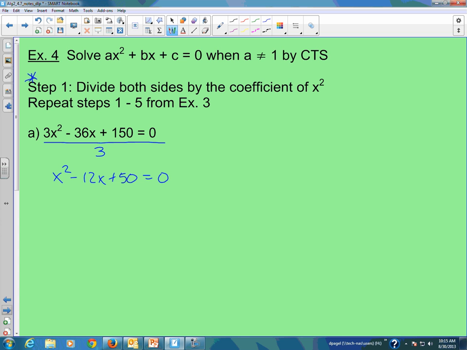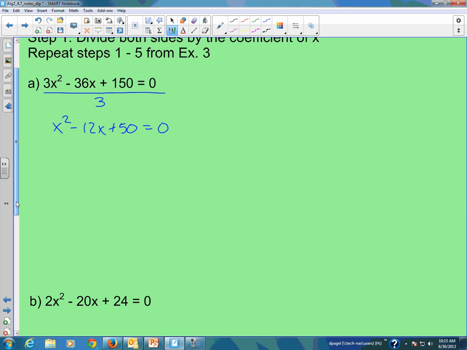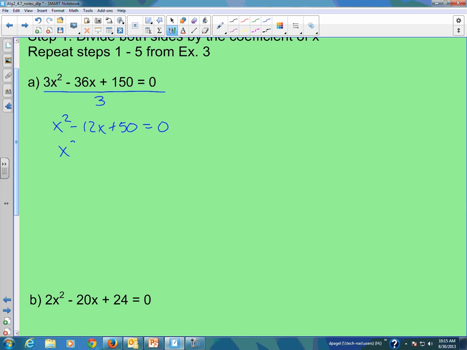At this point, the problem becomes just like our last 2 or 3 examples of completing the square. Our a is now a 1. We would move the constant to the other side. We would figure out what half of our b was and add that to both sides.